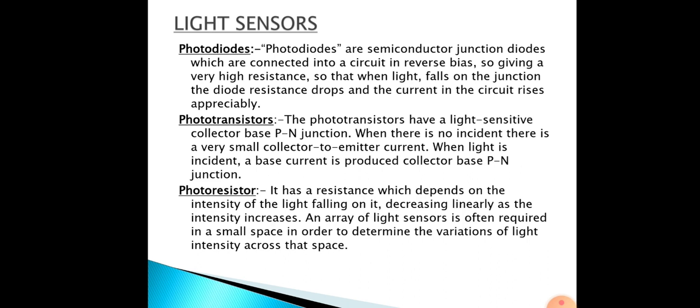Means when the light increases, the resistance will decrease. Okay, so here the cadmium sulfide photoresistor is most responsive. An array of light sensors is often required in a small space in order to determine variations of light intensity across the space. Okay.